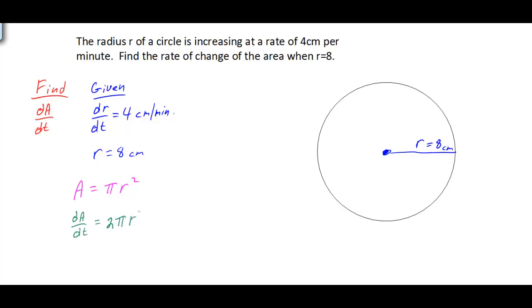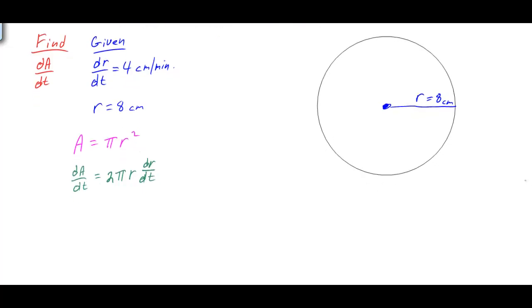2 pi r, but remember we're taking it with respect to t, so we multiply by the derivative of r, which is dr/dt. So now at this point we have our formula, and we simply can substitute in what's given, and we're trying to find dA/dt.